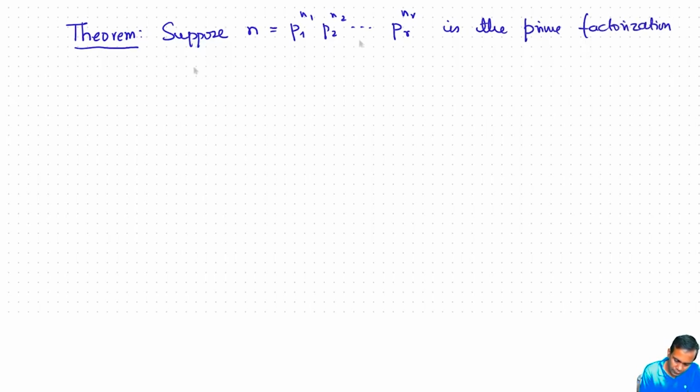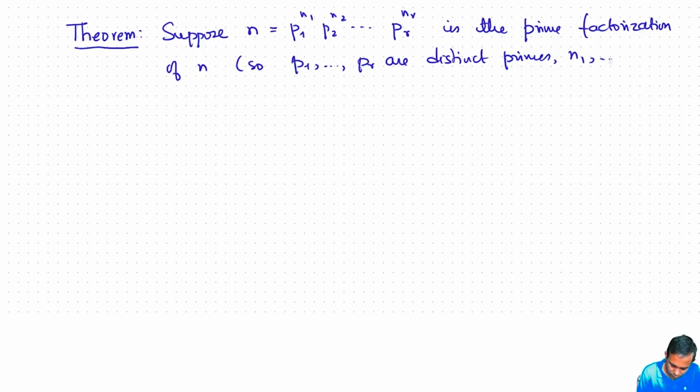These are distinct primes, and these are positive integers. So for example, for 360 we had p1 is 2, n1 is 3, p2 is 3, n2 is 2, p3 is 5, n3 is 1.